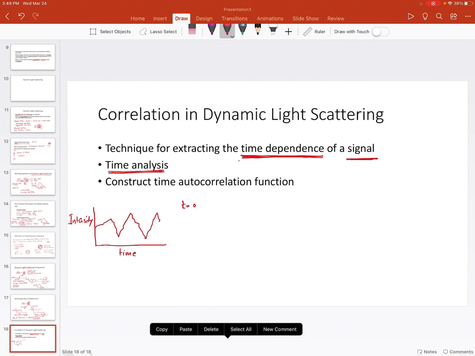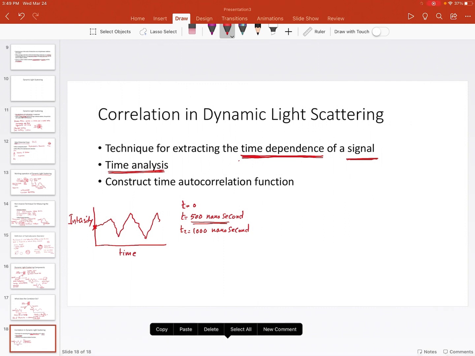For example, in time 0, we are measuring this scattering intensity. In time 500 nanosecond, again we are measuring the fluctuation intensity. These are very, very short time intervals. The next time interval could be, for example, 1000 nanosecond. We are measuring the fluctuation in the intensity over time.